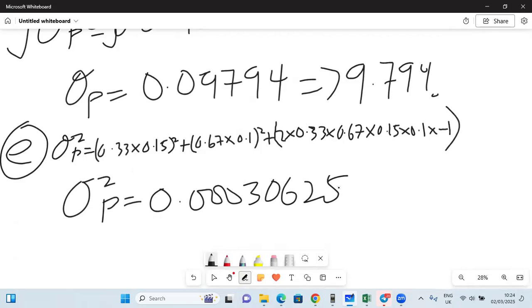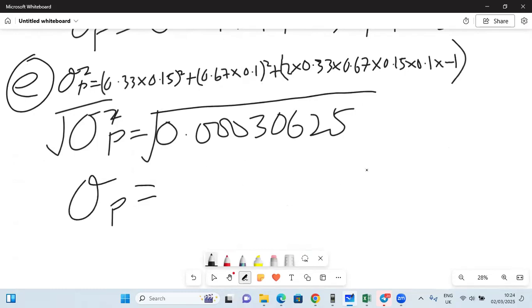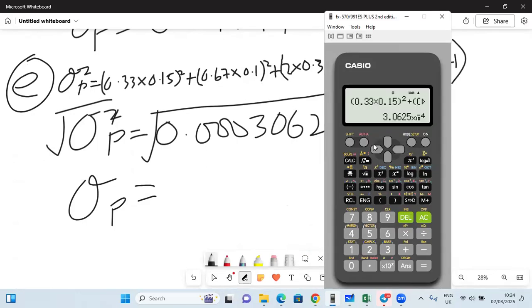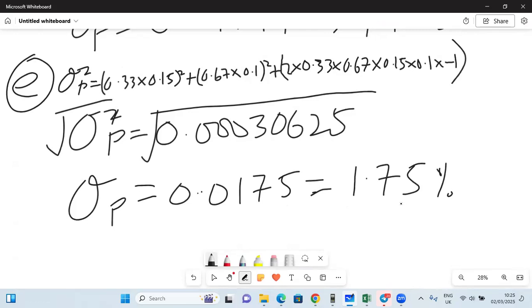So we want a standard deviation; when the standard deviation is big, cancel. The risk of the portfolio will now be 0.017, which is equivalent to 1.75%, which is relatively low, right?